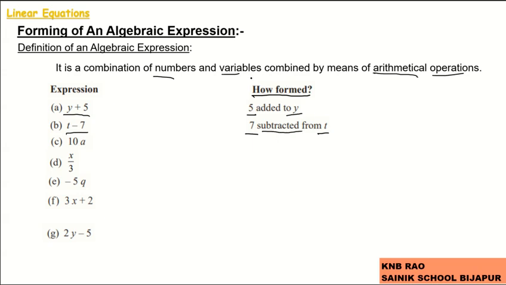That is how I gave the definition: a combination of numbers and variables combined by means of arithmetical operations such as addition or subtraction. So in general language, this t minus 7 is said as 7 is subtracted from t.